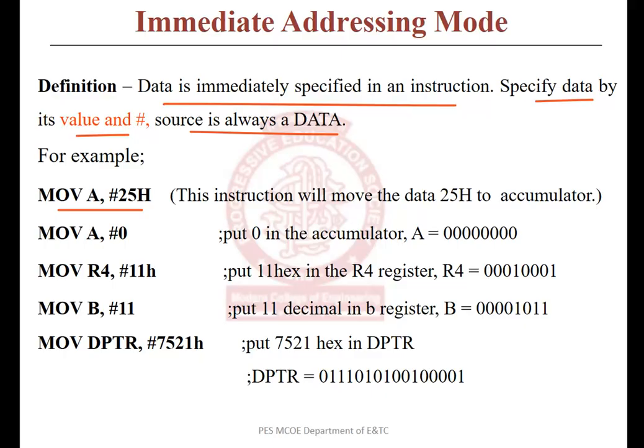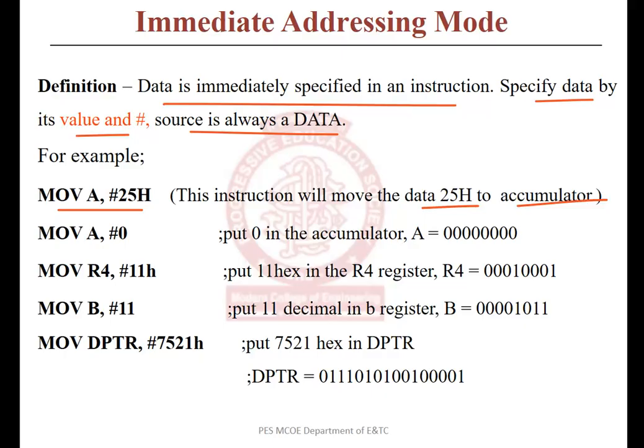So what will this instruction do? This instruction will move the data 25 hex to the accumulator. 25h is 8-bit data, and the accumulator and most registers of 8051 are of 8 bits. So you can store this 25h data into the accumulator.